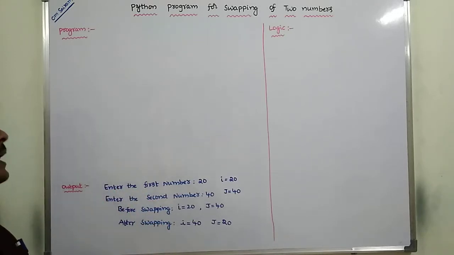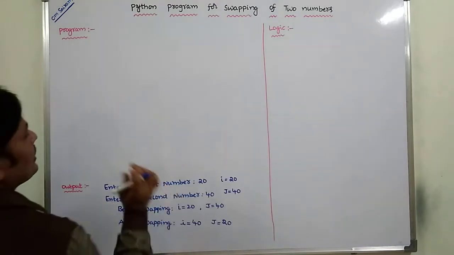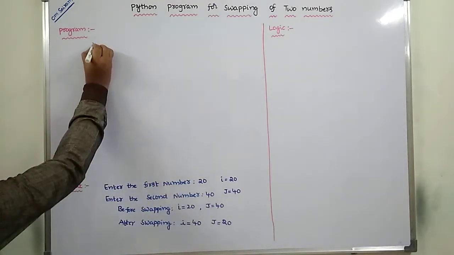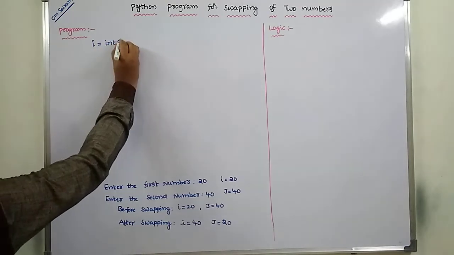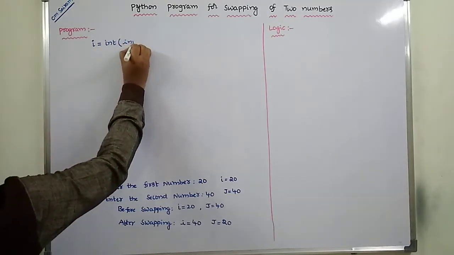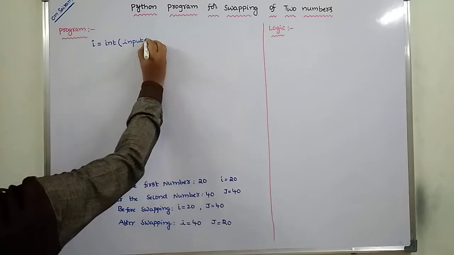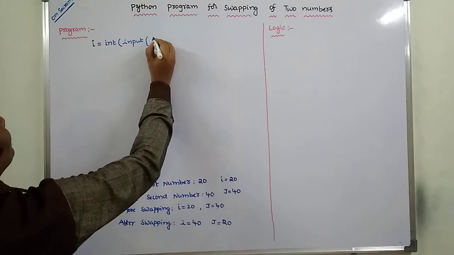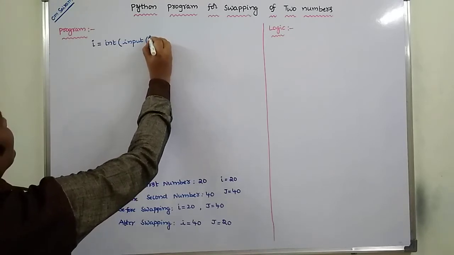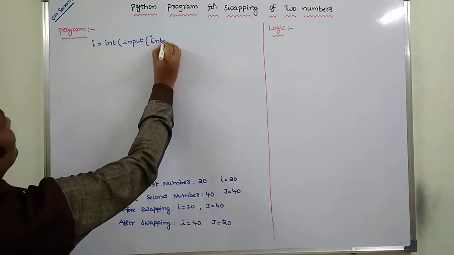According to the given output, I am writing the program. First, enter the first number. That means I is equal to int of input of "Enter the first number".